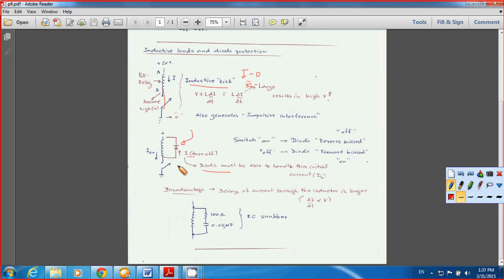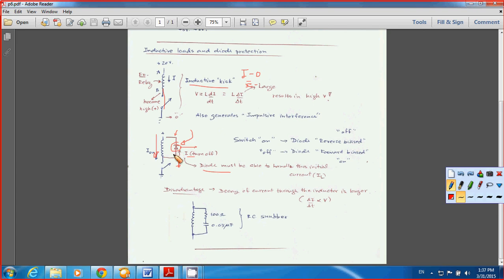So let's take a look back again. When you have the switch on, you have current flowing through the inductor, and you also have a higher voltage than at this point, so the diode becomes reverse biased, correct?